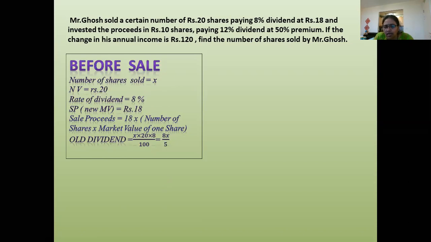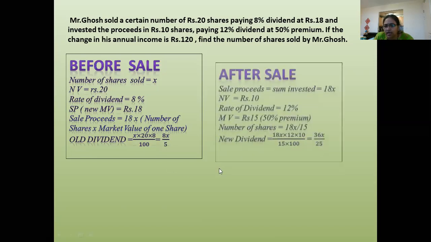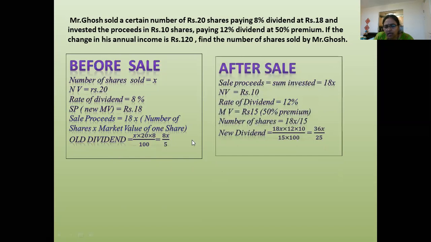So you got this as 8x upon 5. Now after sale, whatever he sells, he is investing into the company. So the sale proceed is transferred as the sum invested in the second part, that is after sale. 18x is the sum invested, right?